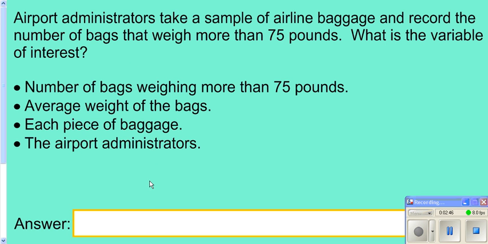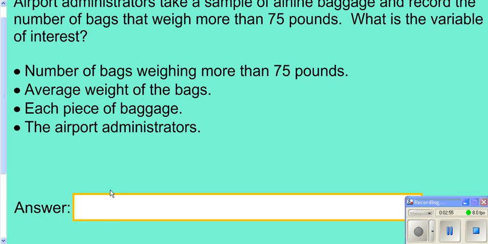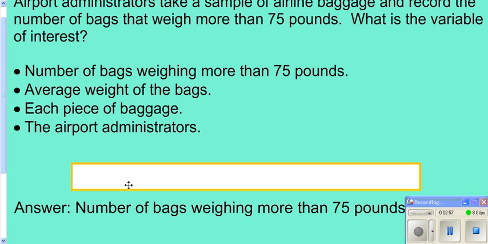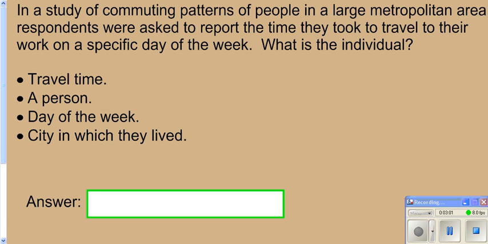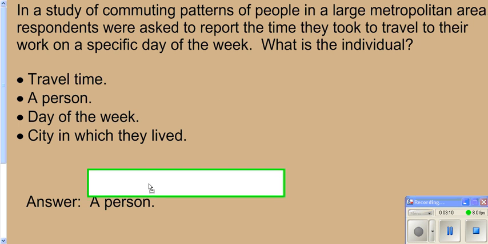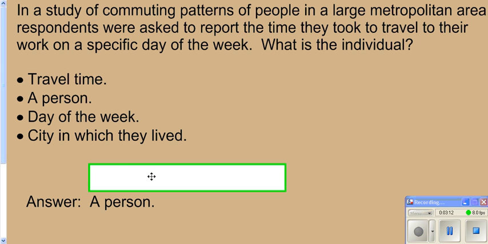For this one, you're wondering, what are we collecting about our individuals? In this case, we're collecting the information on the number of bags that are over 75 pounds. As you look through this one, what is our individual? In this case, it ends up being a person in our large metropolitan area.